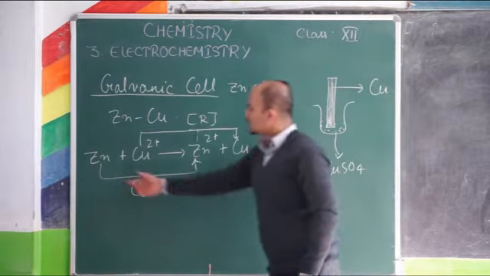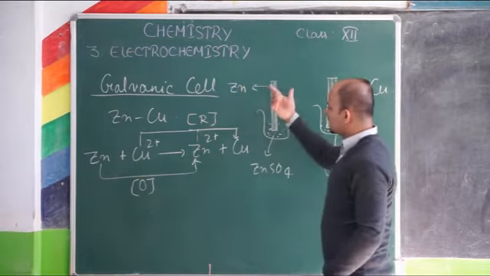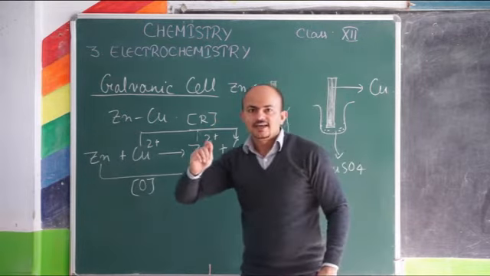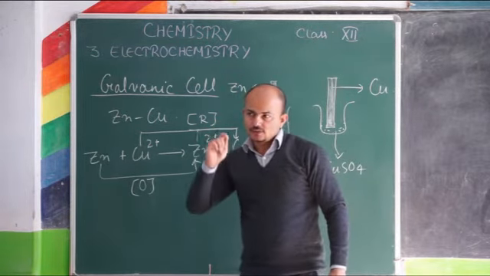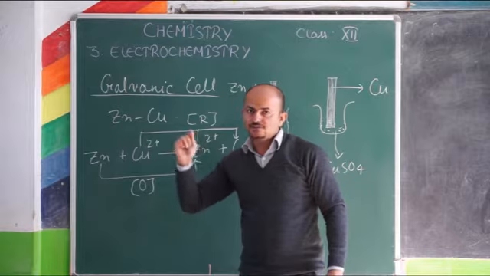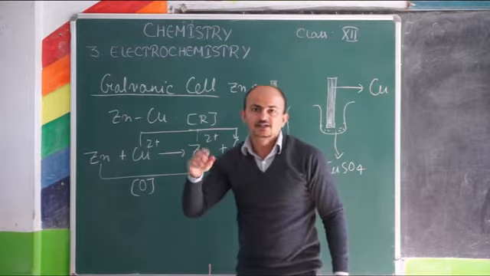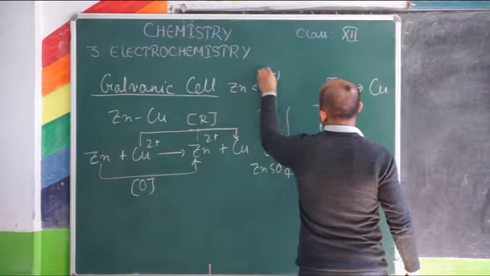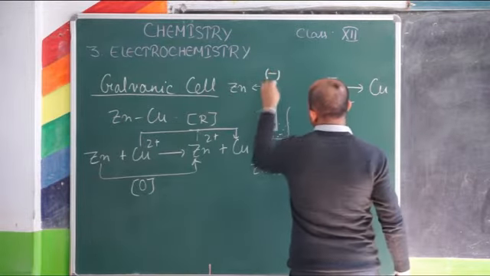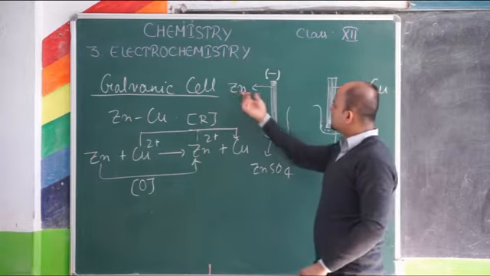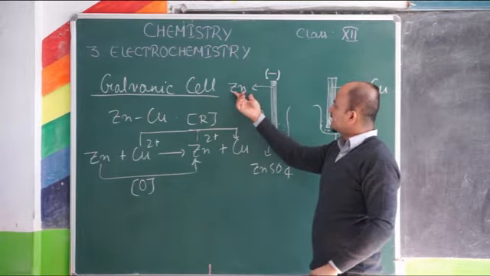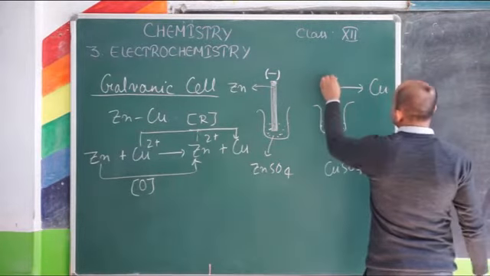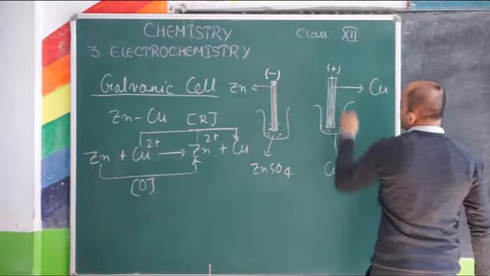Since zinc is being oxidized, it leaves behind electrons, therefore this terminal is negatively charged. Likewise, the other is positively charged.